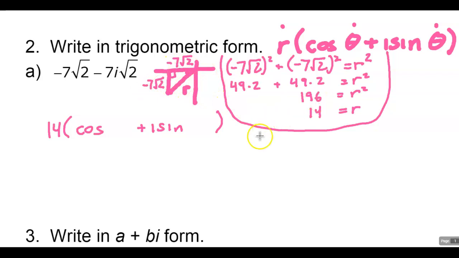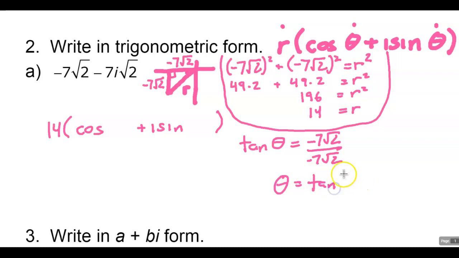You might recall the way to find an angle with rise and run is the tangent. The tangent of theta is rise over run. That means the actual theta will be the arctangent of this. And you can see you get the same exact thing on top and bottom.